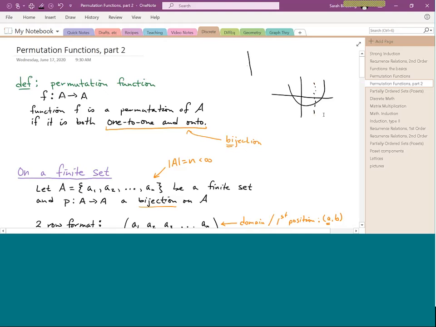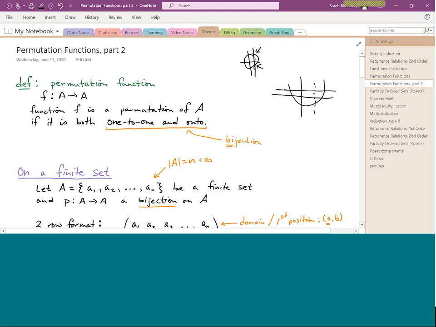So for example, a circle is not considered a function. Why? Because here you intersect in more than one point. But if you want to be one-to-one, it's considered the horizontal line test.